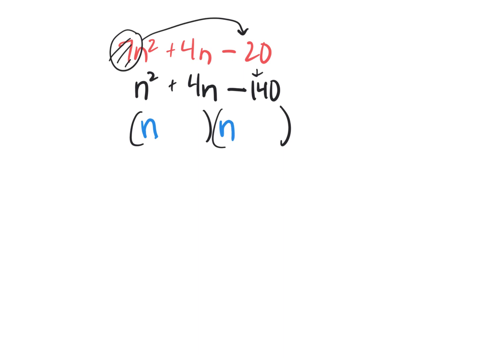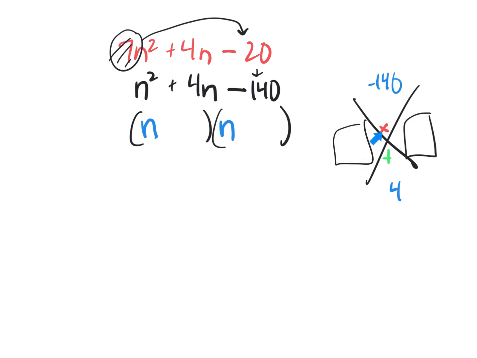So we're back to, if you use the x method, 1 times negative 140 is just negative 140. We put that number on the top. And then we put the b term on the bottom, which is 4. And we're trying to multiply to get negative 140 and add to get 4.